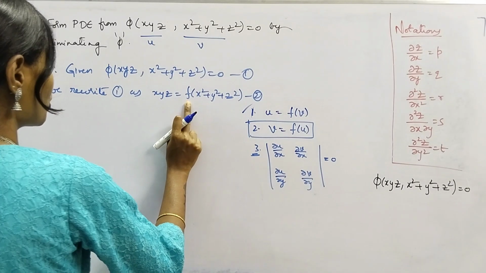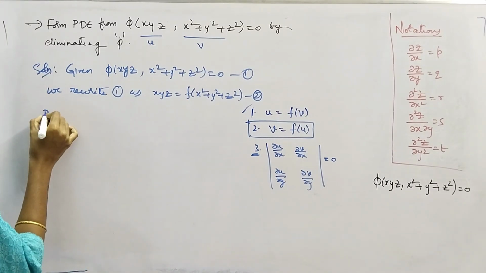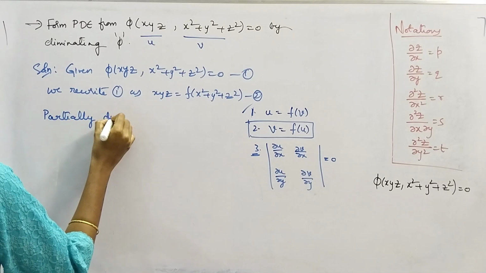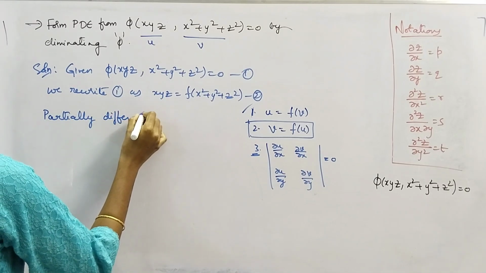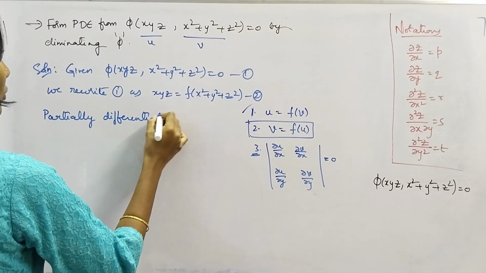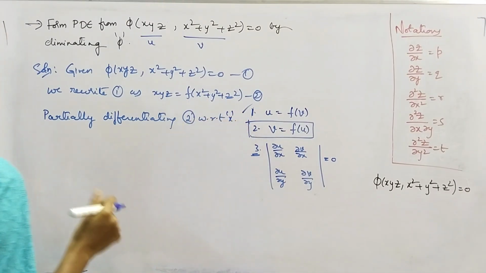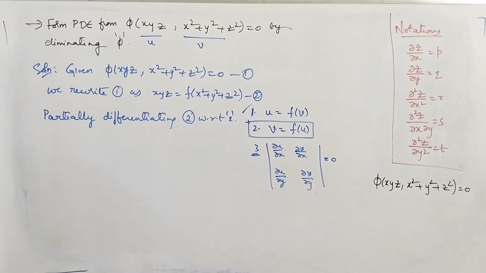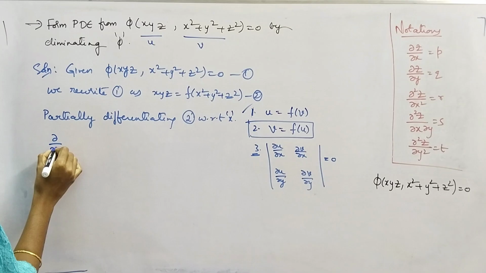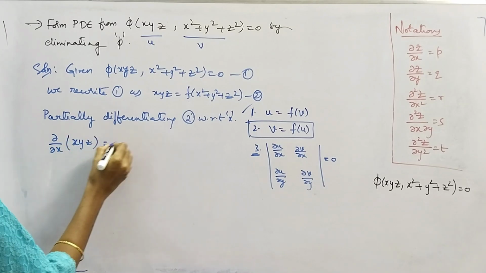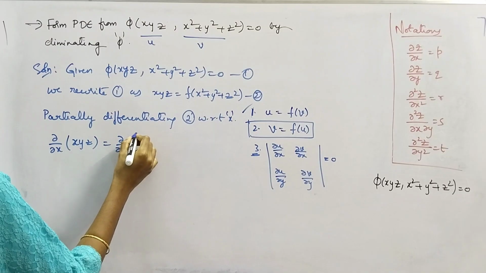Now let's partially differentiate it with respect to x. Since we are partially differentiating with respect to x, we'll treat y as constant, right? Just apply dou by dou x on both sides of 2.